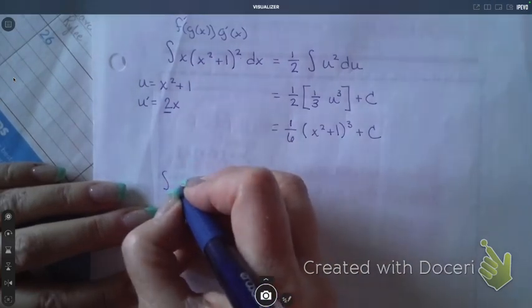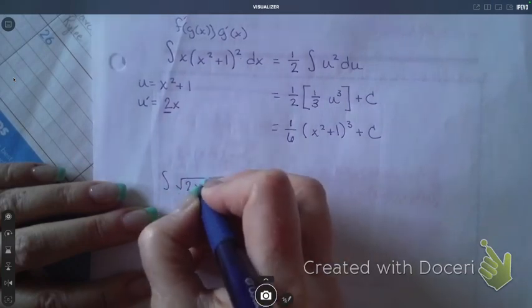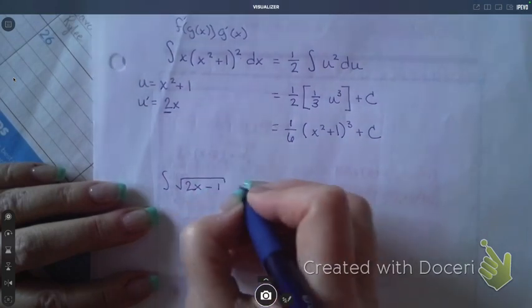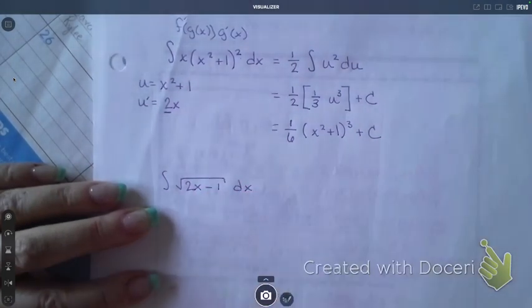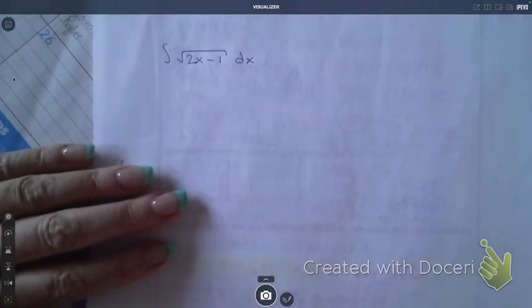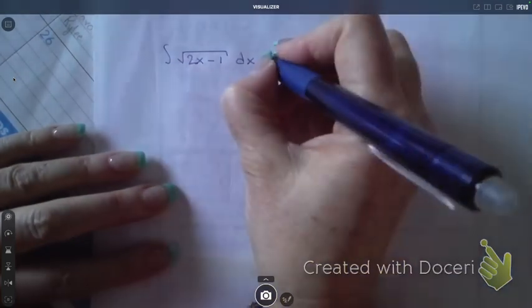It's really basically the same. I hate that they give me a different name. So the square root of 2x minus 1 dx. We should change that to 2x minus 1 to the 1/2. Okay, we will, yes.